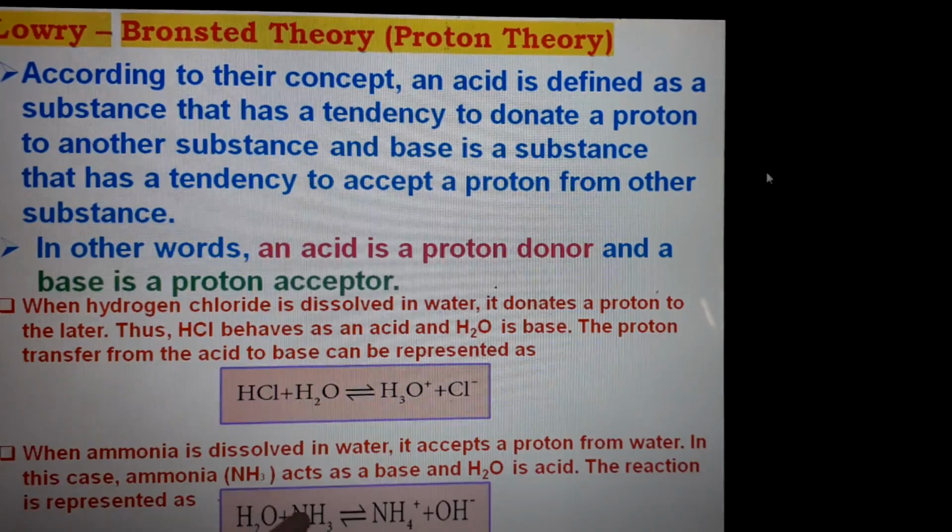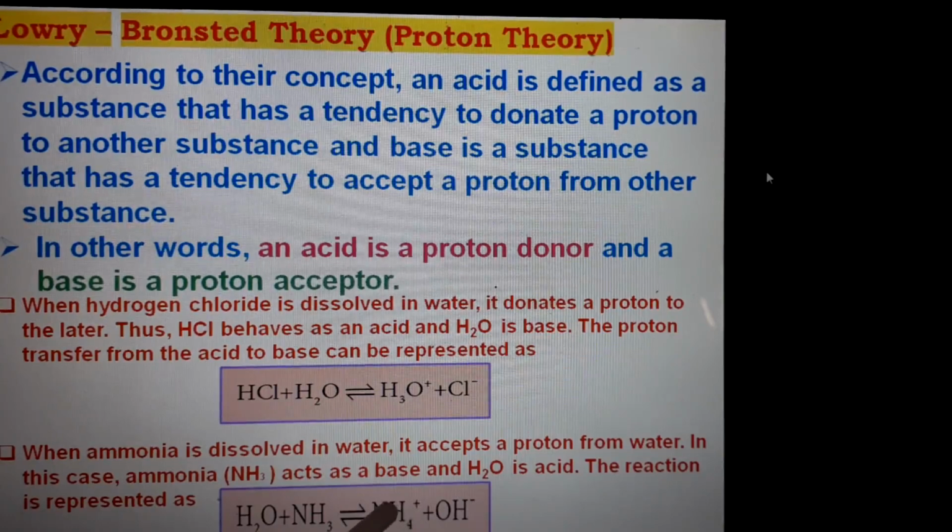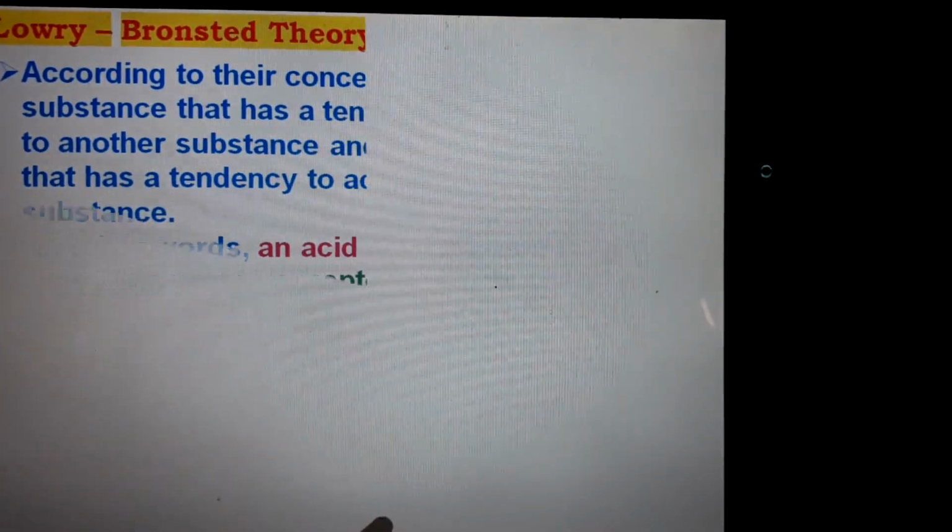H2O releases the H plus ion and gives it to ammonia, which is converted to the ammonium ion, and OH minus ion is released. This is the Lowry-Bronsted theory.